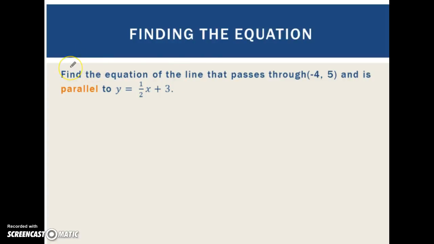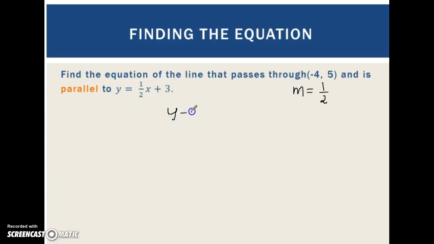So because it is parallel, I know that the other equation needs to have the same slope. The slope in this equation, y equals 1/2 x plus 3, is 1/2. So I know my other equation needs to be a slope of 1/2. And then to write the equation, I can easily see a point on that line and what the slope is. So I'm going to write my equation in point-slope form.